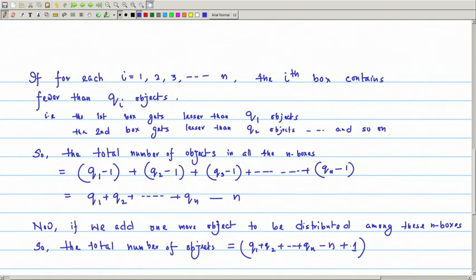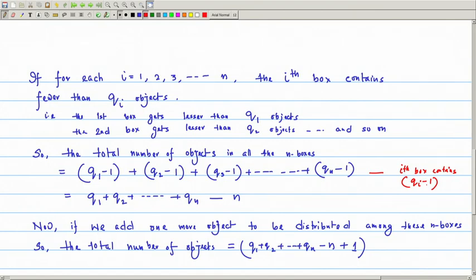In the distribution we have assumed, each box contains fewer than qi; that means the ith box contains qi minus 1.